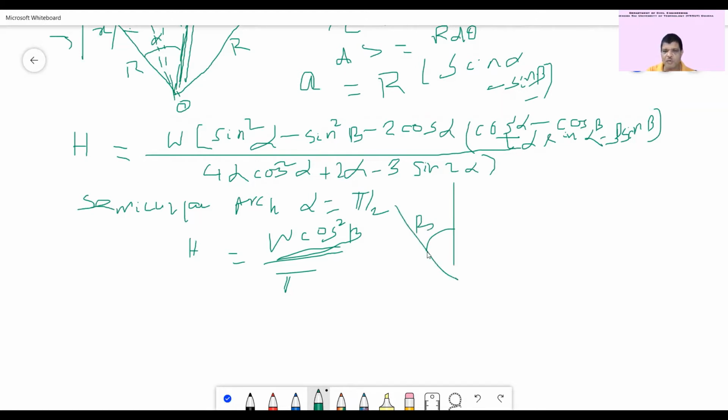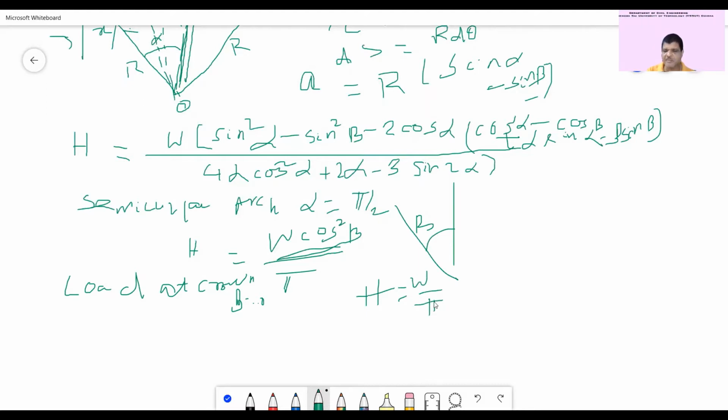For the different loads, if you know the value of beta, you put it in the equation and find the value of H. If there are n loads, then for each load calculate the value of H, then add all these values to find the final value of H. Now if the load is at the crown of the semicircular arch, then beta is equal to 0, which means H is equal to W by pi.